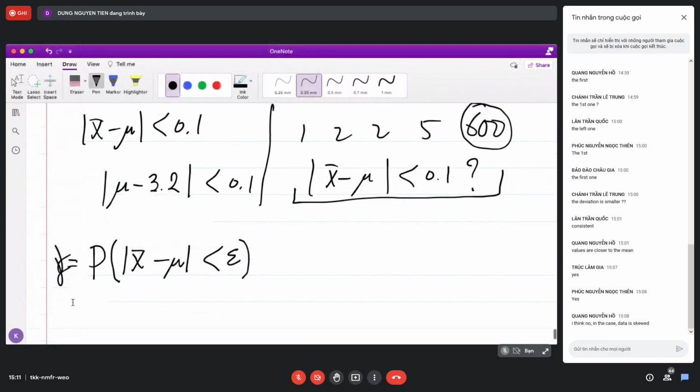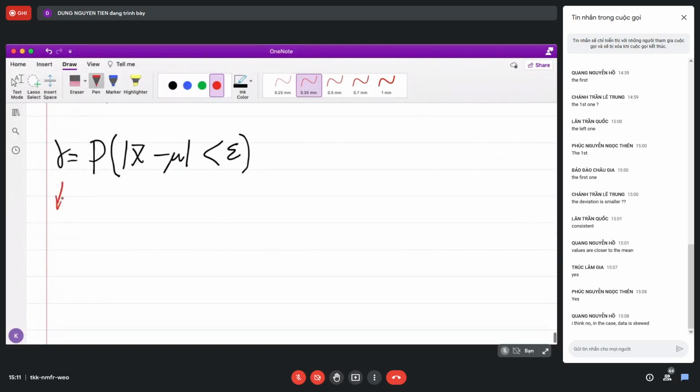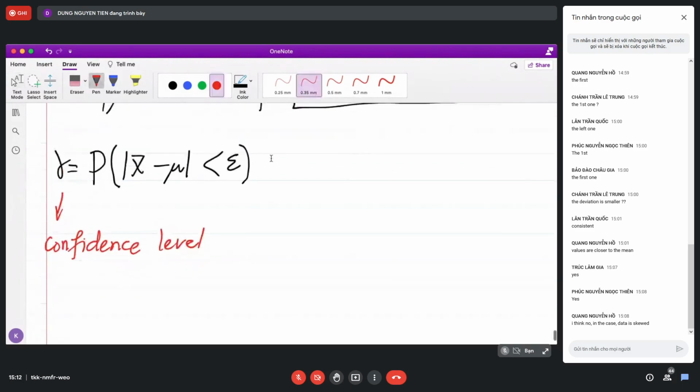This gamma is called the confidence level. This epsilon is called the error. Do you understand what I'm saying?